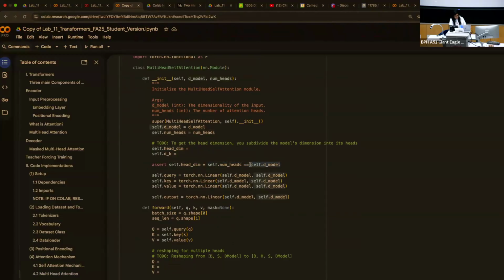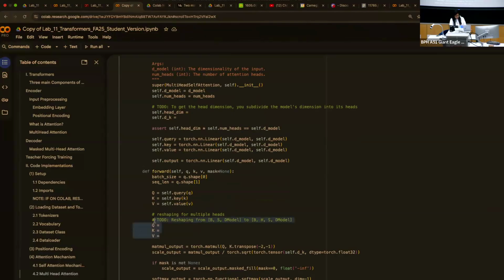So I want to basically divide my D model into num heads number of head dimensions. So that's your next to do, to fill in these code lines where you calculate what the head dimension should be and then what your DK should be in this case.